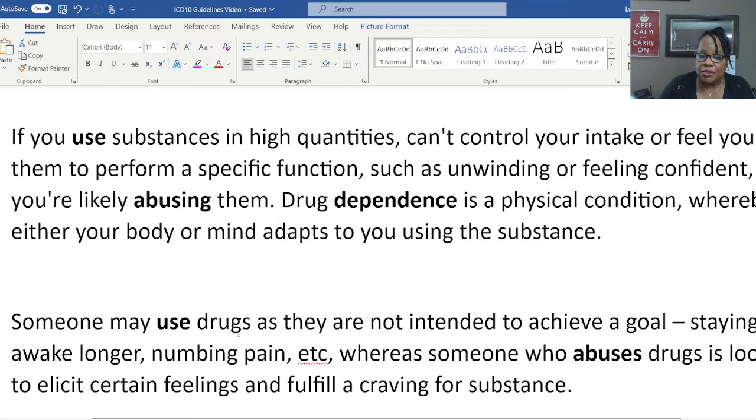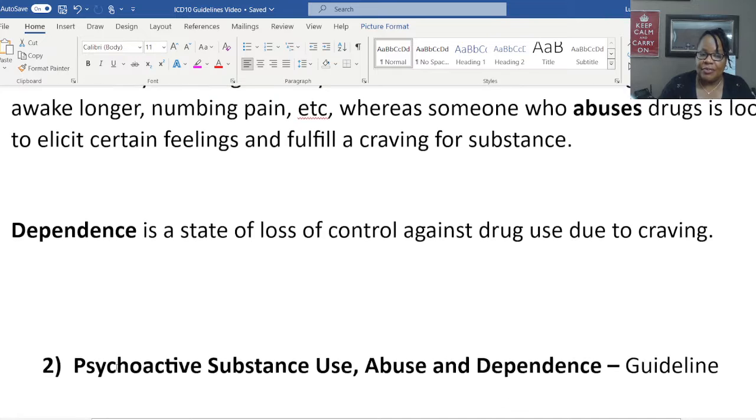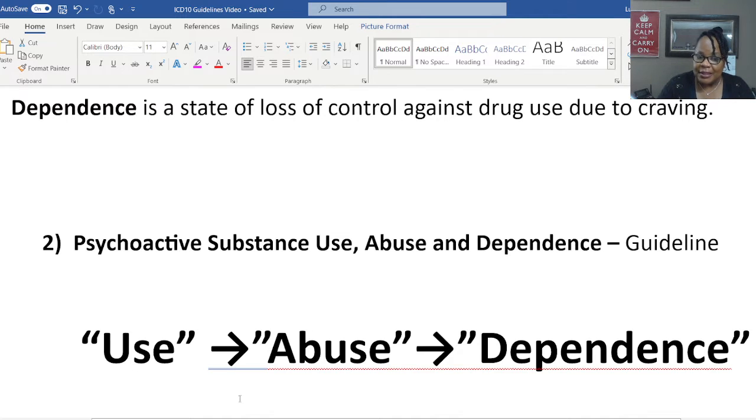Someone may use drugs as they are not intended to achieve a goal, staying awake longer, numbing pain, etc. Whereas someone who abuses drugs is looking to elicit certain feelings and fulfill a craving for the substance. Dependence is a state of loss of control against drug use due to craving. By the time you get to dependence, you either use it, or you use it improperly and abuse it, or you become dependent on it. So I made a note here that says use can lead to abuse, which can lead to dependence.